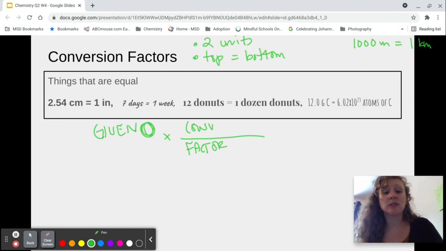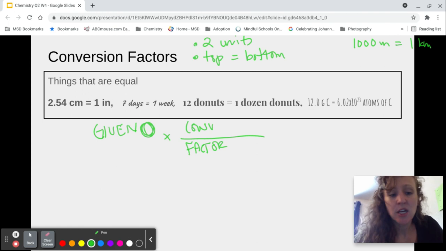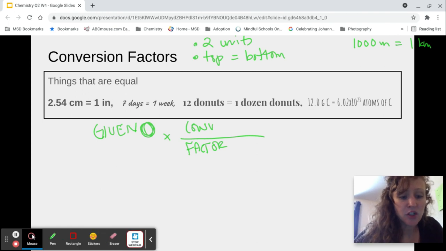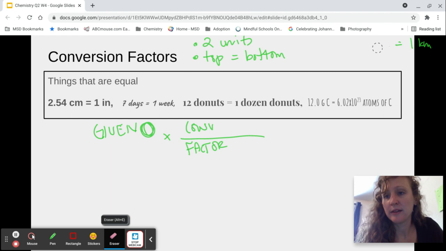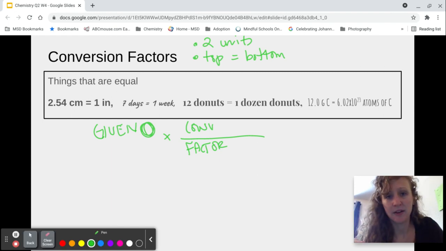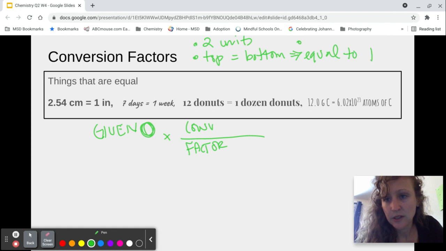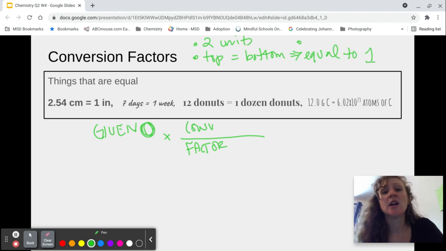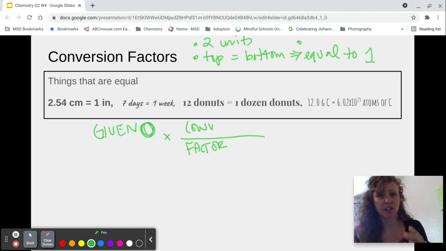And what you do by multiplying the thing that you're given by a conversion factor, you are essentially multiplying by 1, right? If you have the same thing on the top and the bottom, that fraction's equal to 1. And that's why we can just change the units without changing our distance, right?